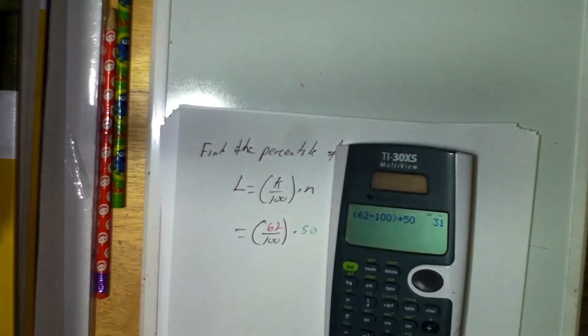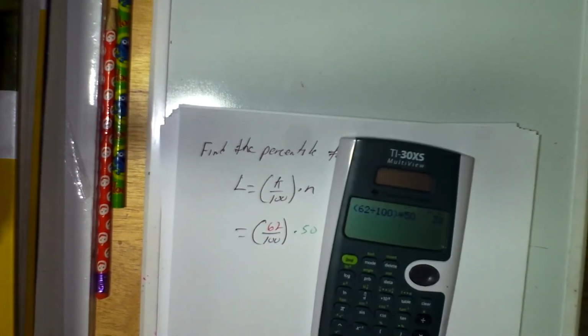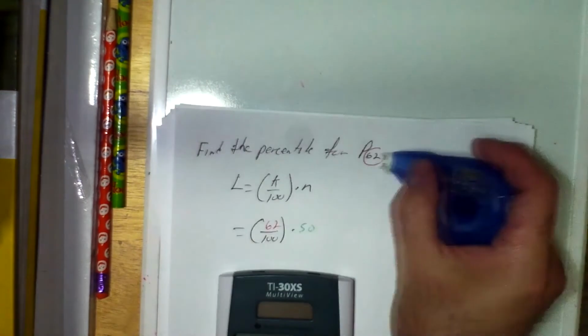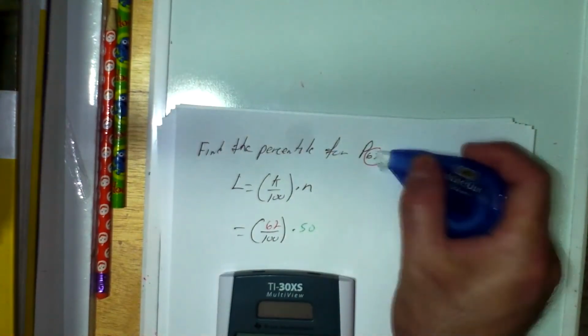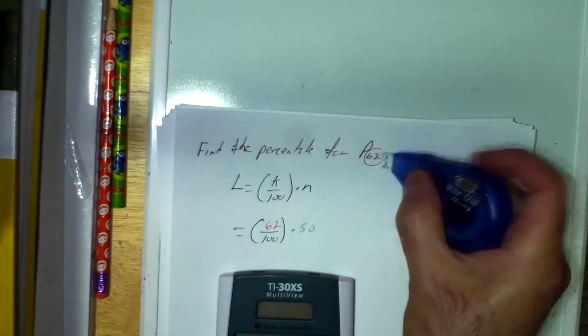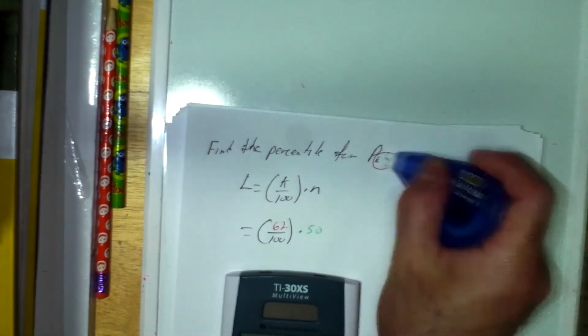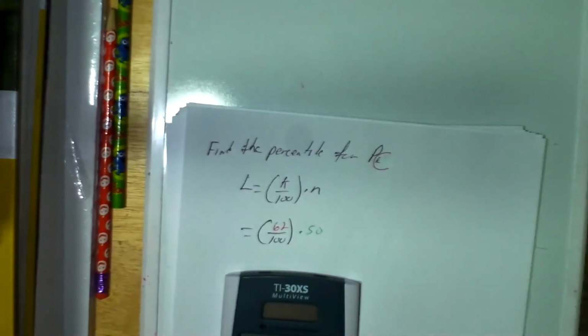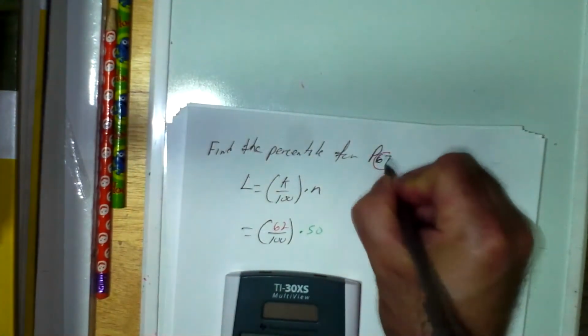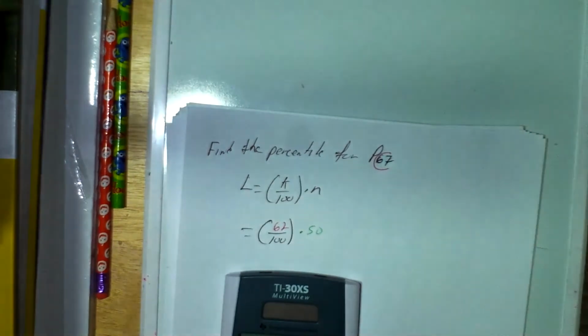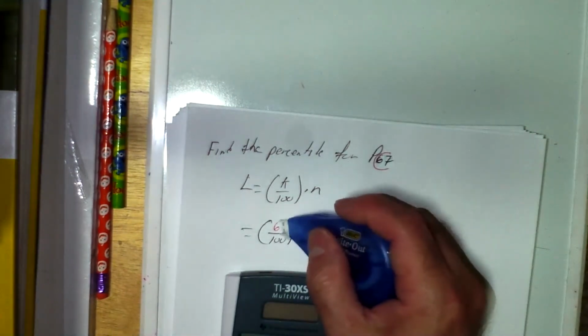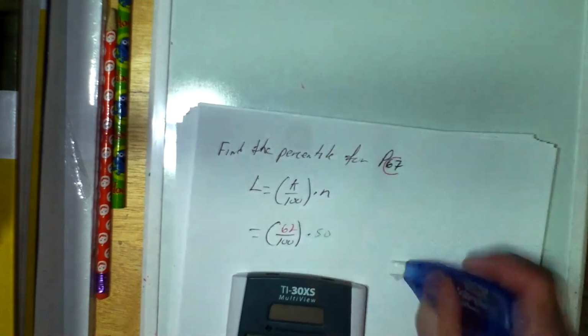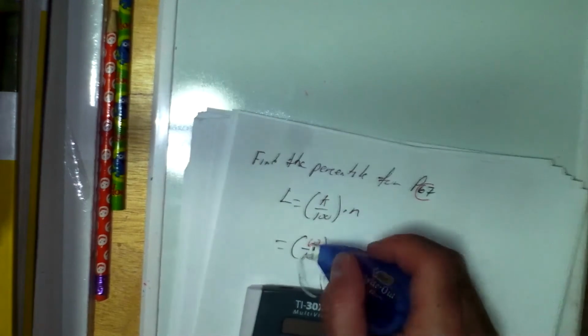I get, oh, it came out to a whole number. That's not what I wanted. I wanted a decimal. All right, hold on. Let's do 67. Sorry, let's do 67. I wanted it to come out to a decimal. So let's change that 62 to a 67 and see what comes out. This thing doesn't want to work.